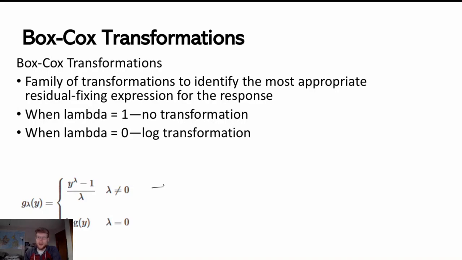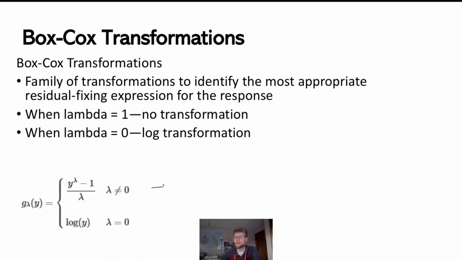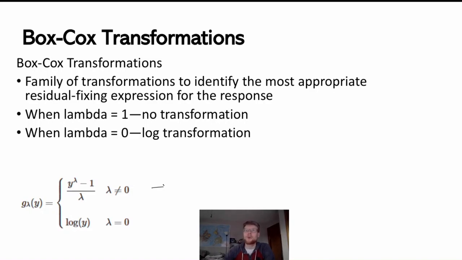That means that we should actually do a log transformation on the response variable as being the most appropriate here. In all other cases, we would just plug the given value for lambda into this expression. So we would take (y to the lambda minus 1) divided by lambda.